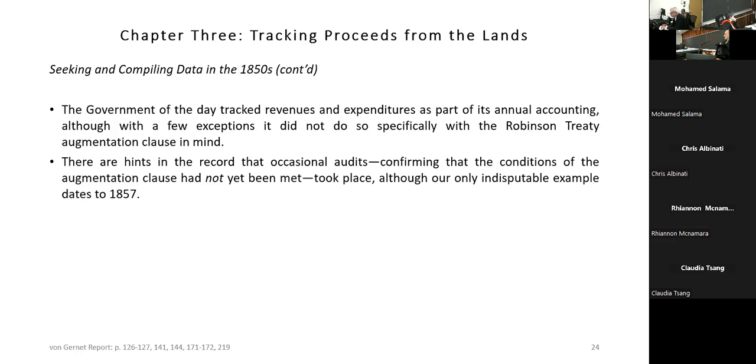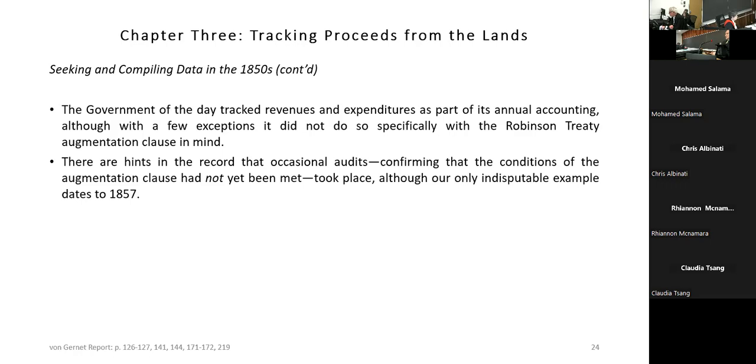You said it did not happen, it being an audit? You say, we don't have any records of that actually happening? Yeah, with the exception of 1857 and then the ones in the 1870s. All we have are hints that this did happen from time to time, because otherwise Sprague wouldn't have made an allusion to it.